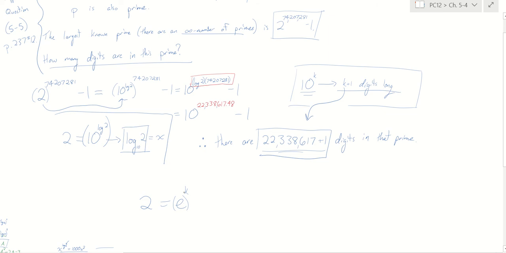But very, very often it's useful to write, if we have 2 to some power x, then you can write that as e to the power of some constant times x. Right, and particularly what that constant will be, and you can try to play around with this. That constant is really just going to be ln of 2, or log base e of 2.